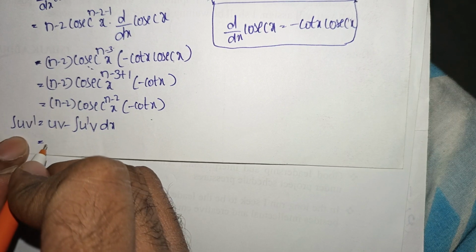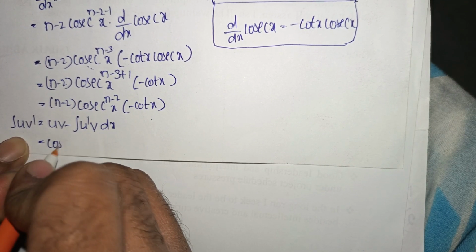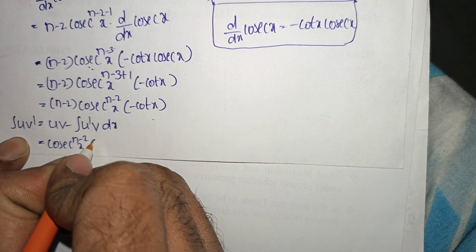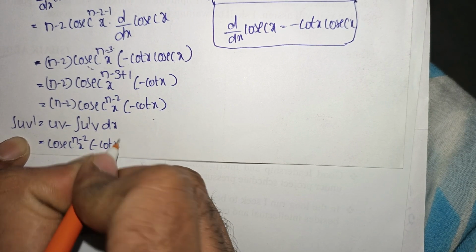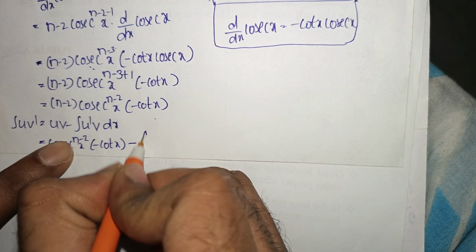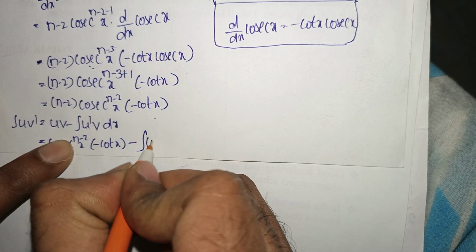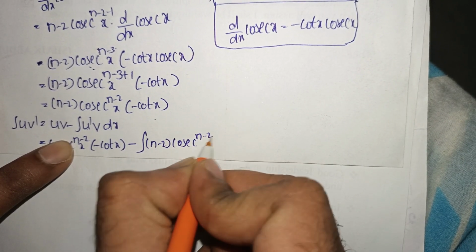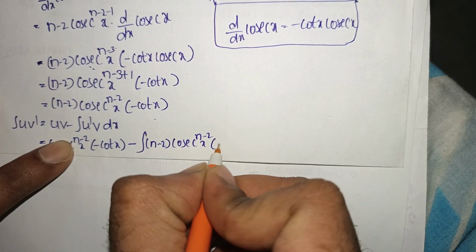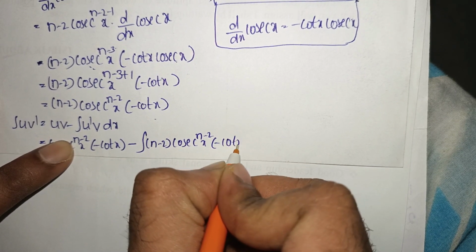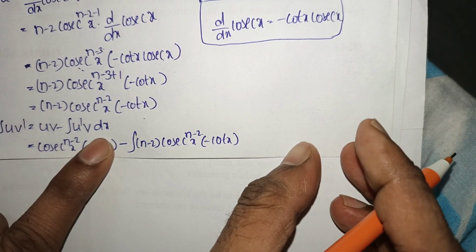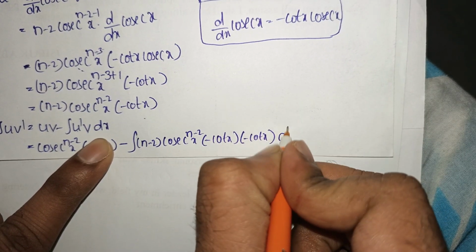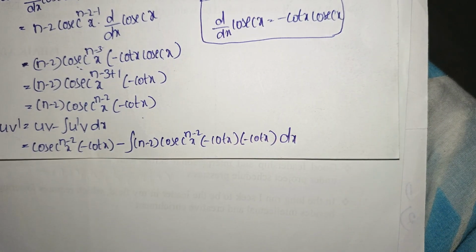In place of u we write cosecant to the power of n minus 2 x, and we have minus cot x, minus u dash, which is n minus 2 cosecant n minus 2 x minus cot x, and again v, minus cot x, dx.